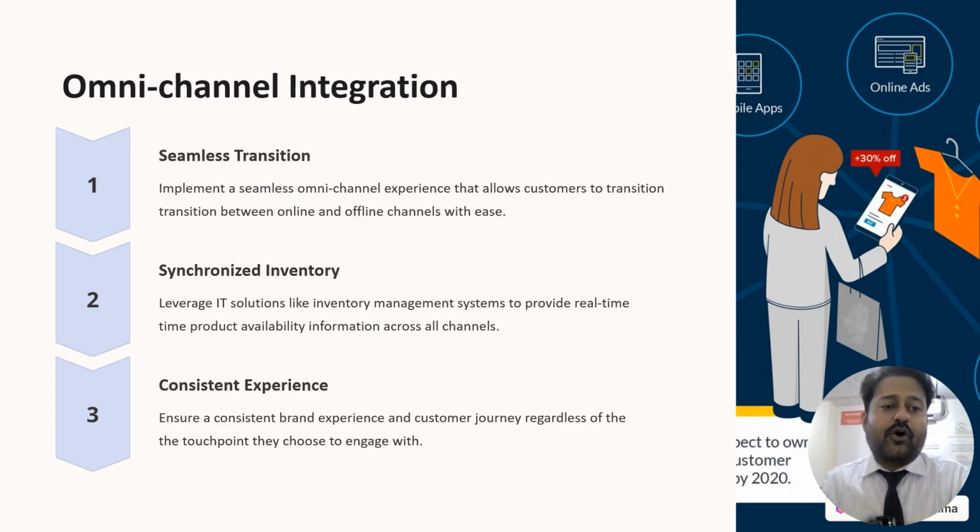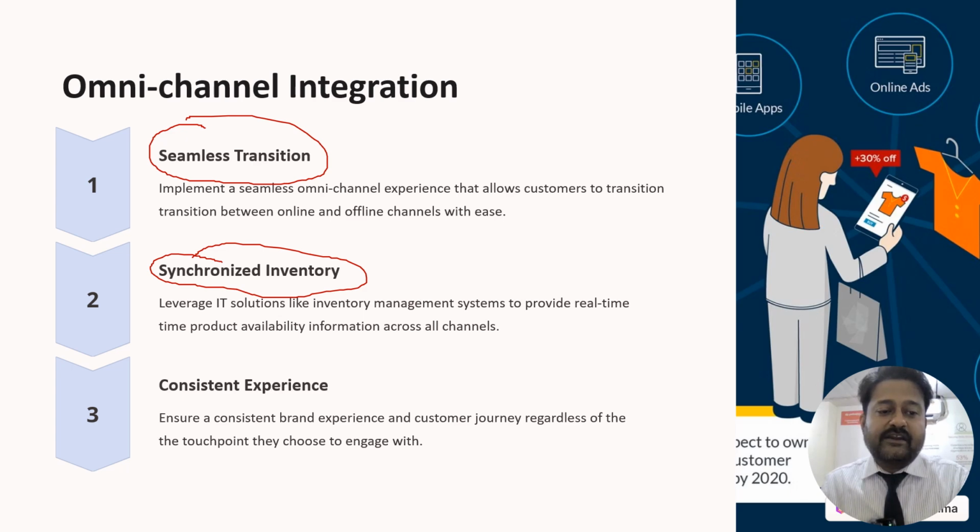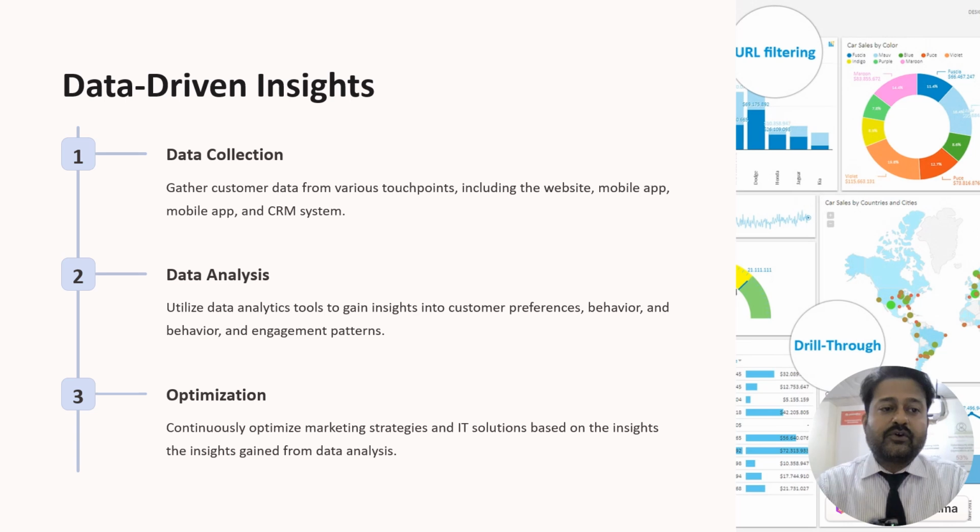So if you do this online offline merger, then it will provide a seamless transition, a synchronized inventory, because you will be getting real time data, so you can optimize your inventory, and it also provides a consistent experience for the customers, right?